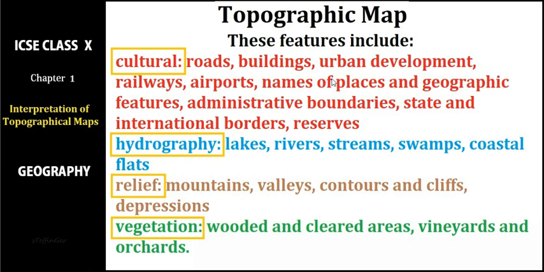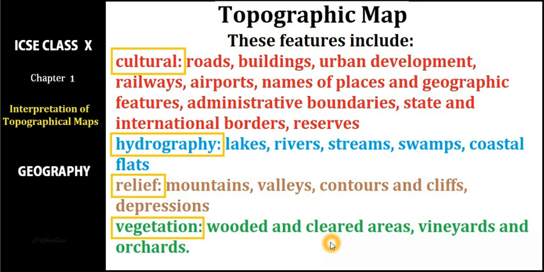The human-made features include roads, buildings, urban development, railways, airports, names of places, and so on. Physical features like hydrography, anything related to water, lakes, rivers, streams, are shown along with all these human-made features. Relief features are also shown in the same map, and wooded areas like forest areas are also shown.